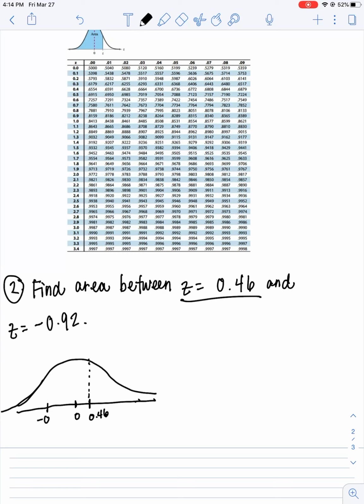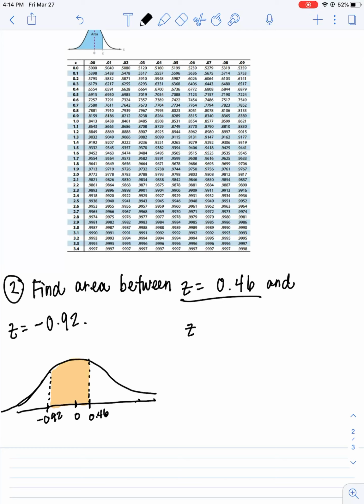And the other z value that I'm looking at is negative 0.92, so right in here. And if you take a look at the problem, it wants the area between this region. So I'm looking for this area right here, guys.